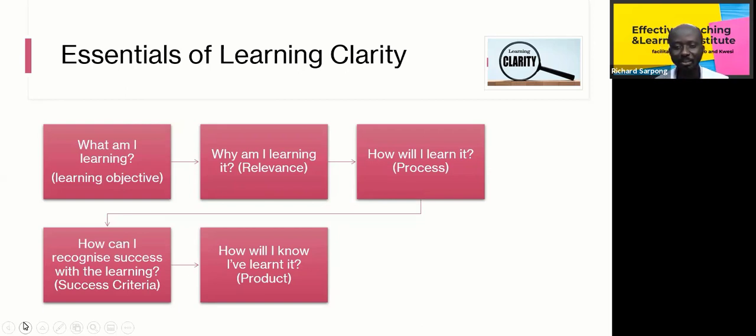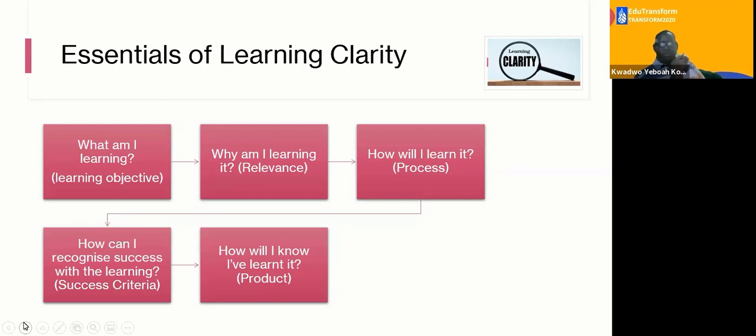But if you think about how they would learn it, then you can think of so many ways by which you can create opportunities in the classroom for learners to learn what they need to learn in a particular lesson, as expressed by the learning objective. I'm a teacher and I want to have clarity in the learning for my learners.